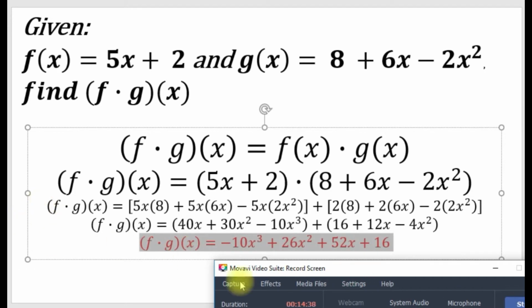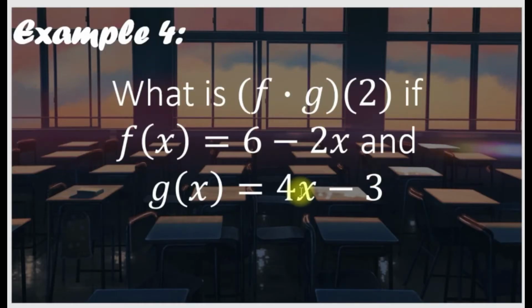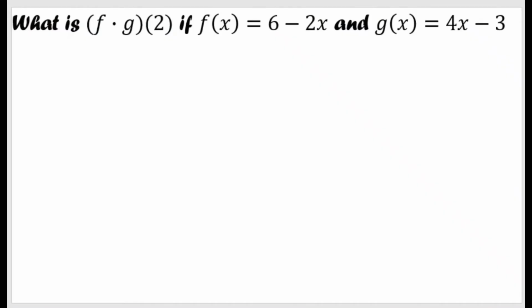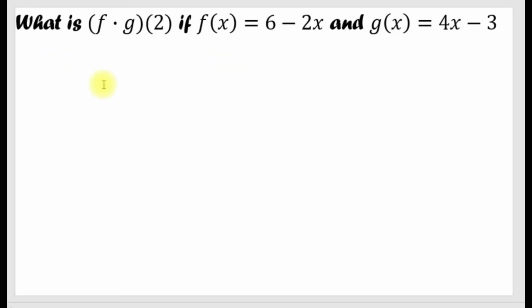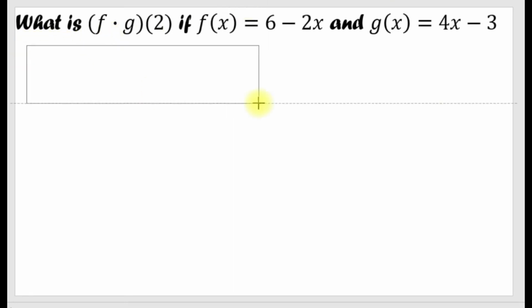Okay, let's have another example. This time, what is f dot g of 2 if f of x is equal to 6 minus 2x and g of x is equal to 4x minus 3. So once again, we're going to do it step by step. So just like in our previous example, let us first try to have the working equation.